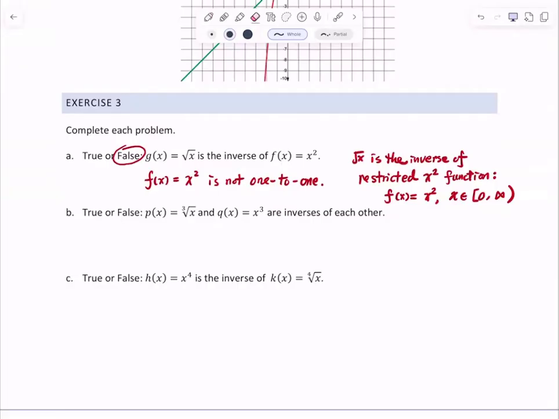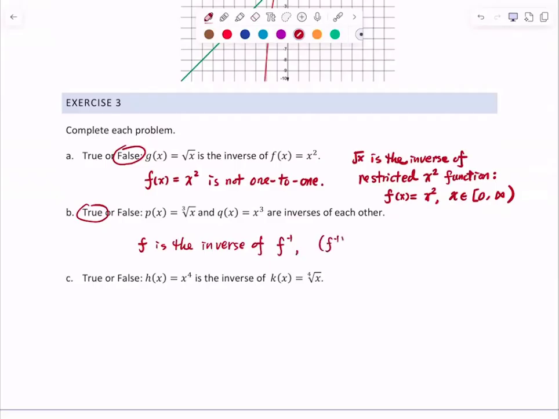What about the cube root and x cubed? So they are inverses of each other, okay? I want to emphasize here that f is the inverse of f inverse.